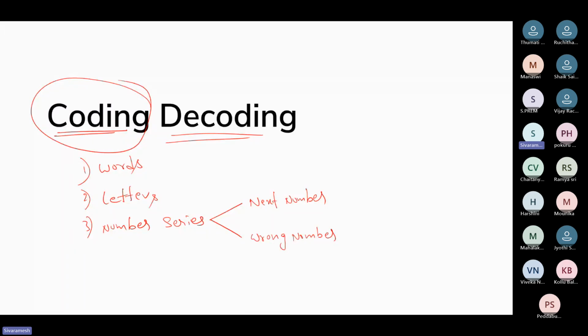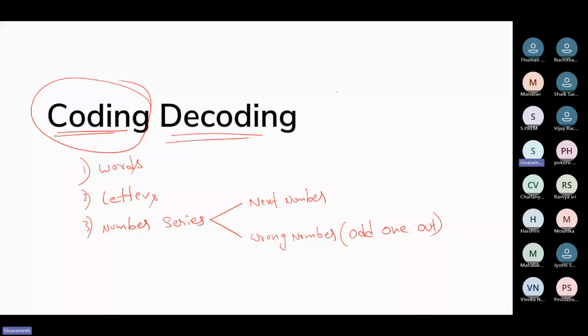Let me give you a small example. The wrong term in the series is also called the odd one out. They might sometimes ask you to find the odd one out in a particular series. Let's say 1, 4, 9, 16, 26, 36.